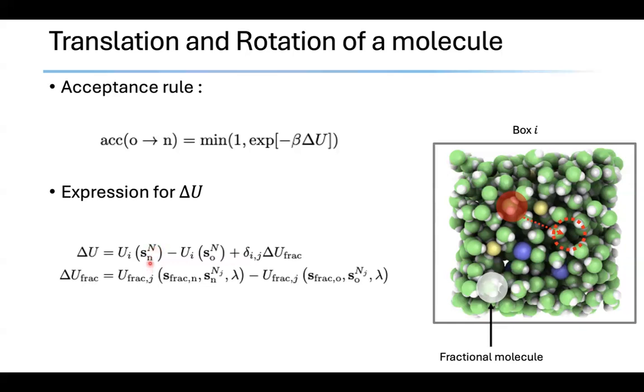N here means nu, the lowercase n means nu, and the uppercase N means the scaled coordinates of all the N molecules, minus the energy U in box I as a function of the old coordinates, plus a contribution due to the existence of the fractional molecule.